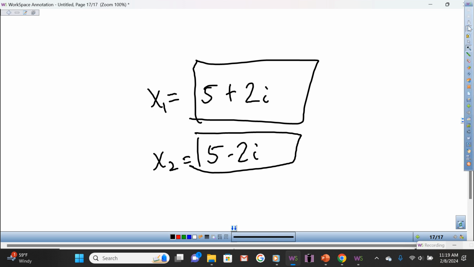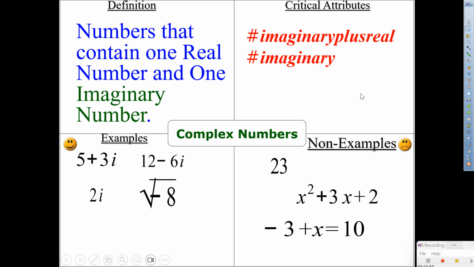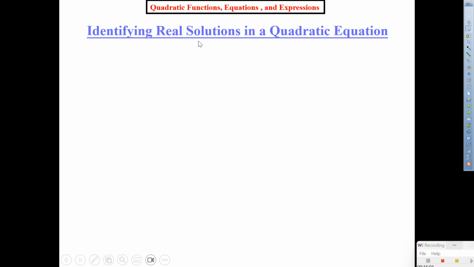Since some of you still need some clarification, on your paper, write this down underneath your coordinate plane: Identify real solutions in a quadratic equation.